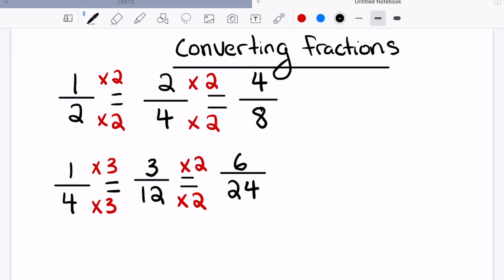So 1/4 is equal to 3/12, and 3/12 is also the same as 6/24. So these are all equivalent when we convert the fractions. This is converting fractions.